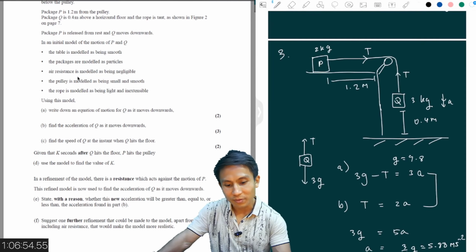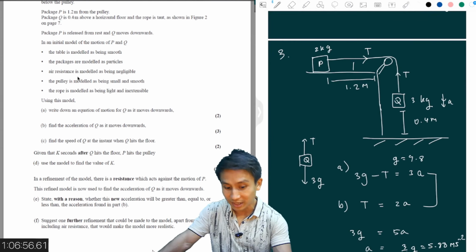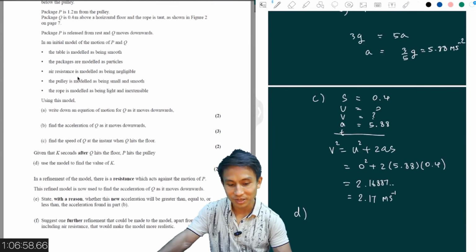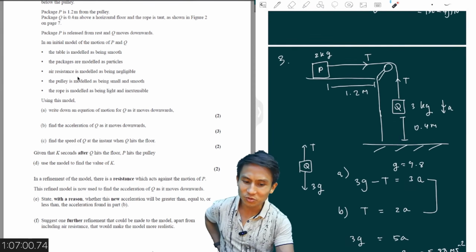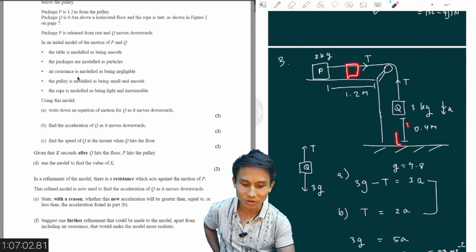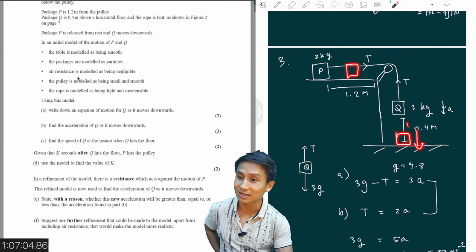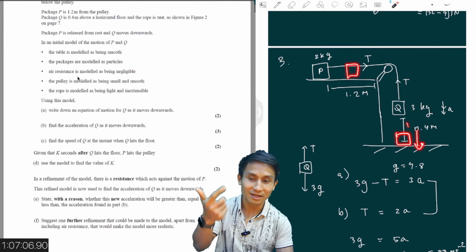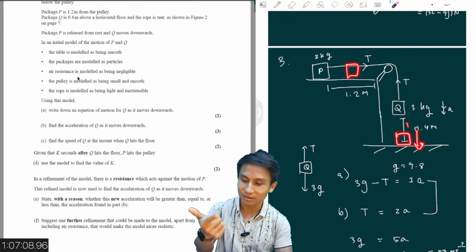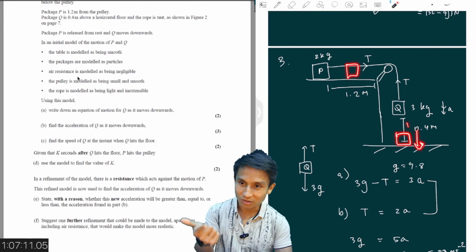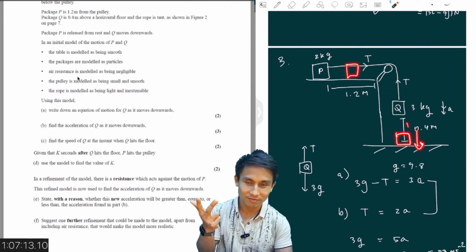So the remaining distance will be 0.8. We just have to find the speed of P first. The speed of P should be the same as the speed of Q when Q hits the floor because they are connected. The acceleration, velocity, and displacement are all the same, but in their respective directions, right?